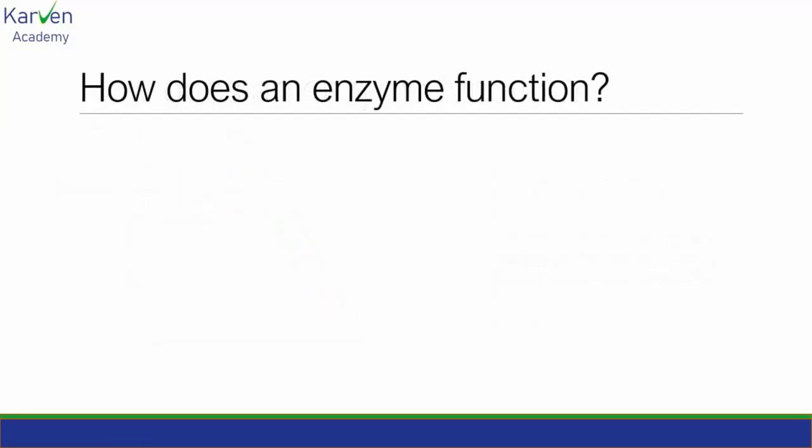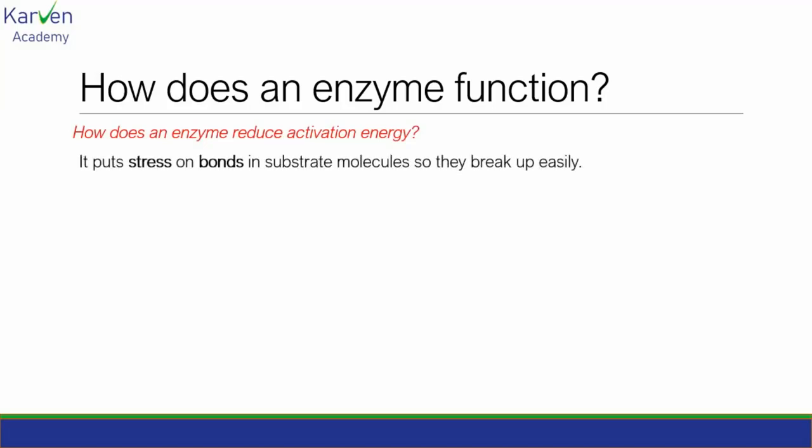Further to enzyme function, we need to understand how it reduces activation energy. To be honest, we don't actually know exactly how. However, there are a few hypotheses, and one of them is that they put stress on the bonds, so the substrate molecules can break up.